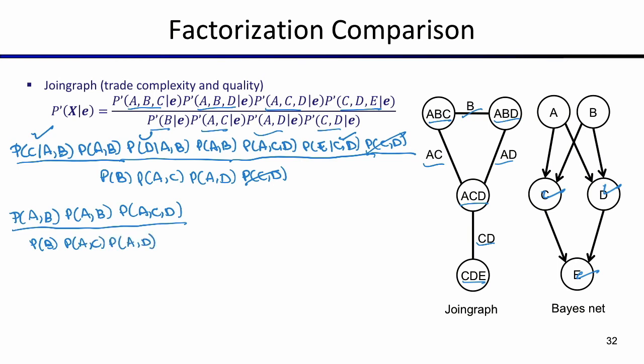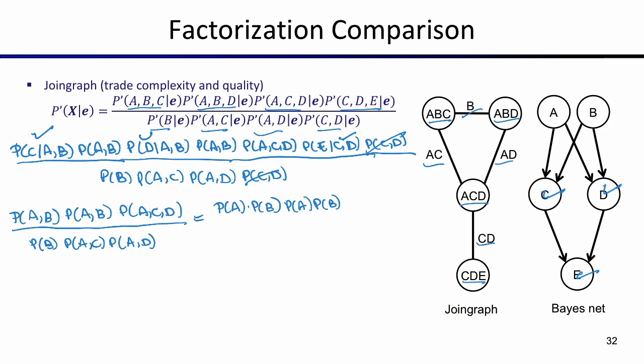Okay, so what we can do now is assume that A and B are independent of each other. So probability of A, probability of B. Again, probability of A, probability of B. And we have the probability of ACD.